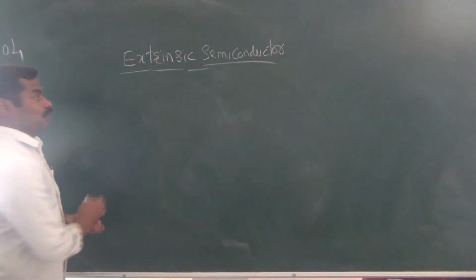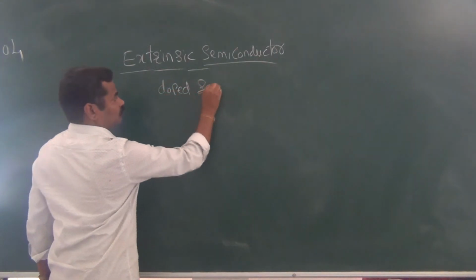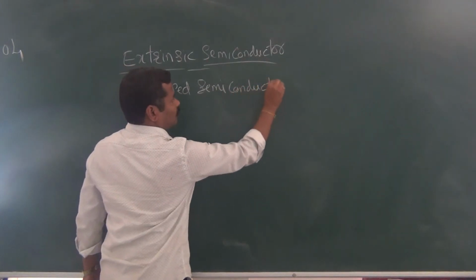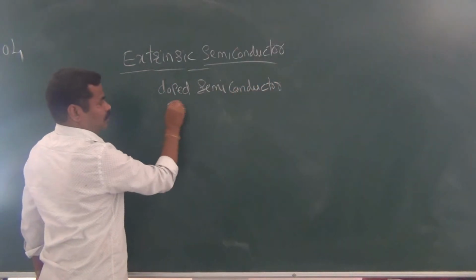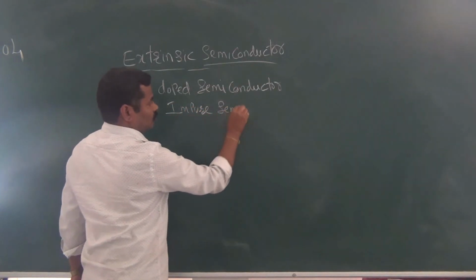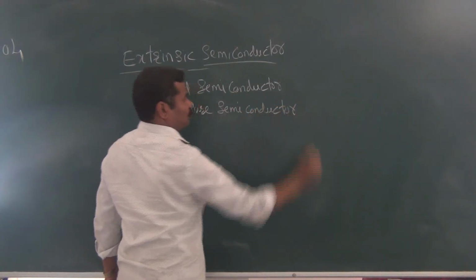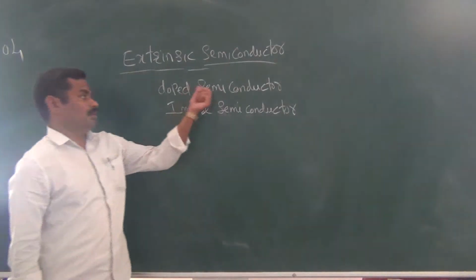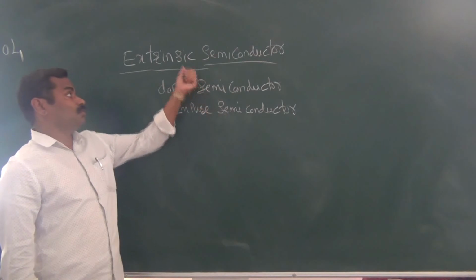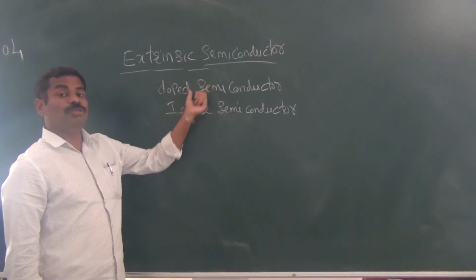It is also called a doped semiconductor, or an impure semiconductor. It means the extrinsic semiconductor is nothing but an impure semiconductor, or it is also called a doped semiconductor.